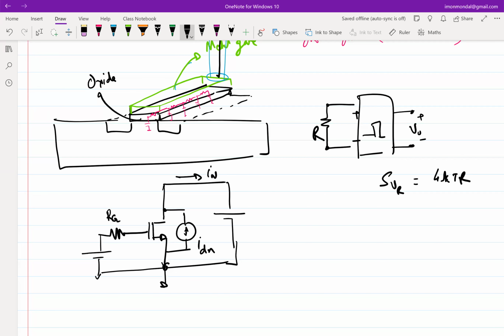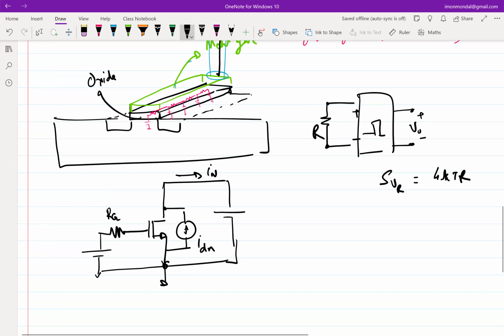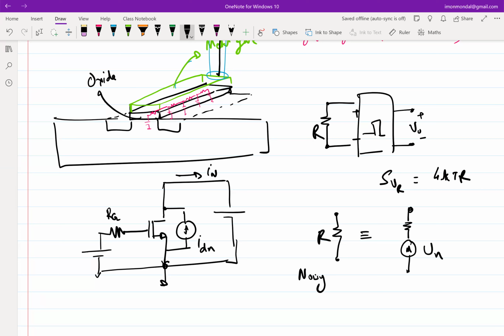What I'm saying is this noisy resistor should be equivalent to this, where I have a Vn which is noisy, but this resistor R is noiseless.